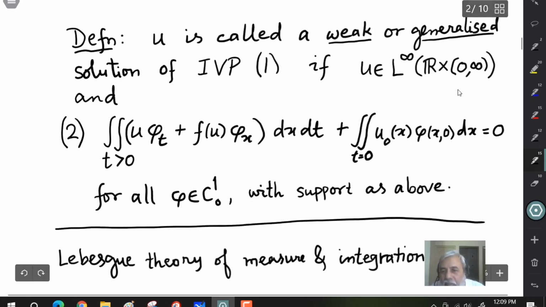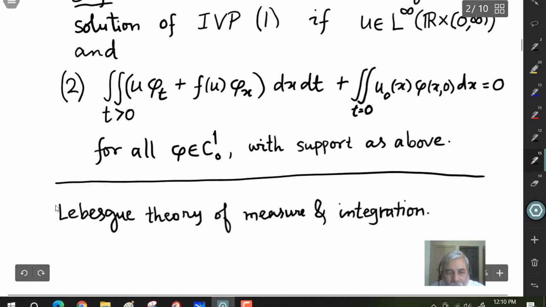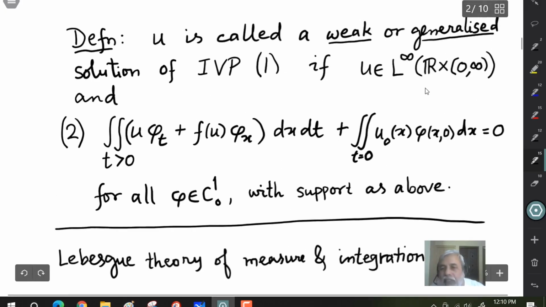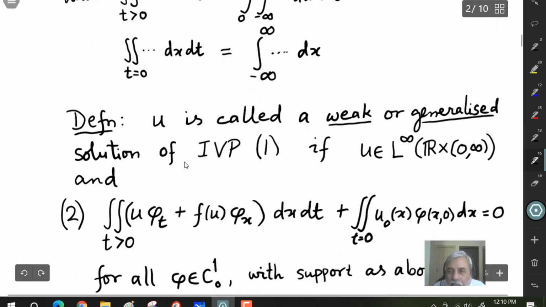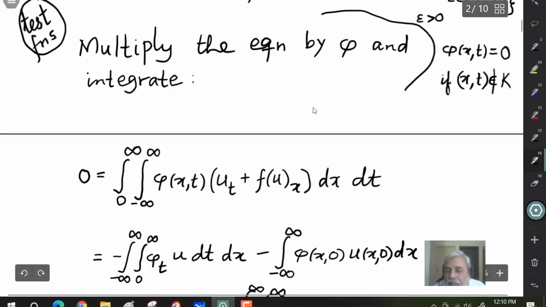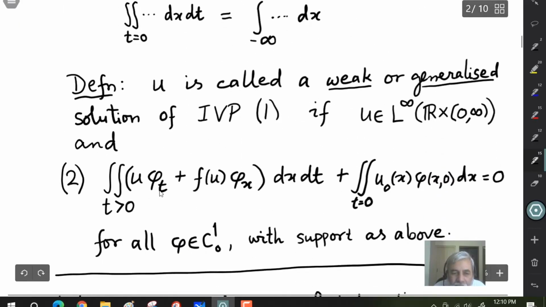This u belongs to L infinity means u is a measurable function and it's essentially bounded. In the Lebesgue theory, you call that essentially bounded, bounded except on a set of measure 0. That will be sufficient for this integration to make sense, because this integration is only over a bounded set of the xt plane, because this phi has support in a bounded set.